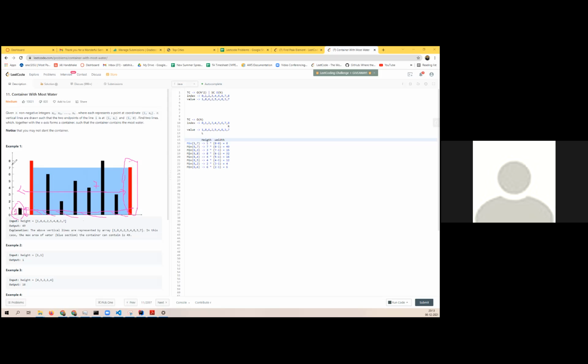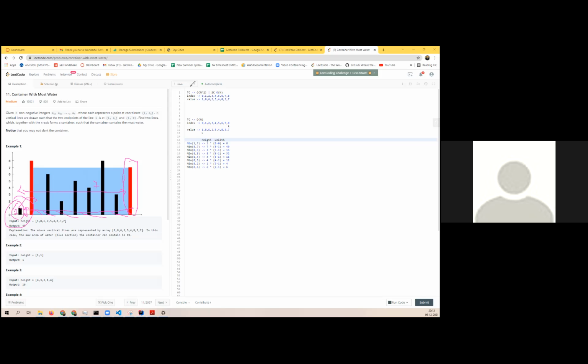So here, if you just think, what can be the constraint? How can we increase the water height? There is only one way. We have to increase the height of this left rod basically. So to increase the height, there will be only one option. We can move towards the right.